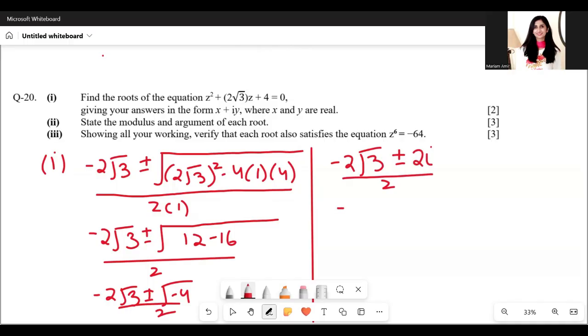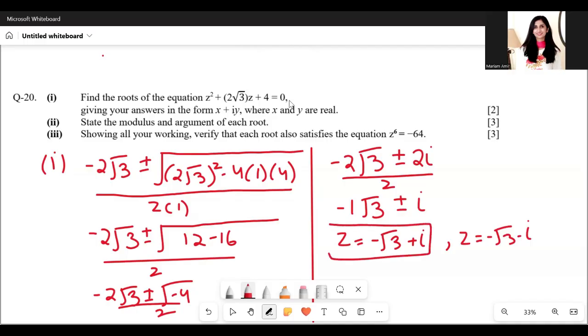So we're getting minus √3 plus minus iota. Let's write this separately: minus √3 plus iota, or minus √3 minus iota. These are the two roots.